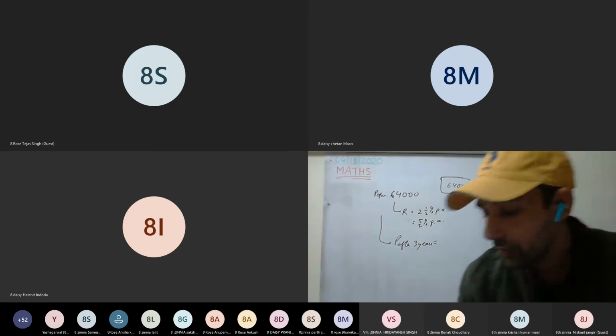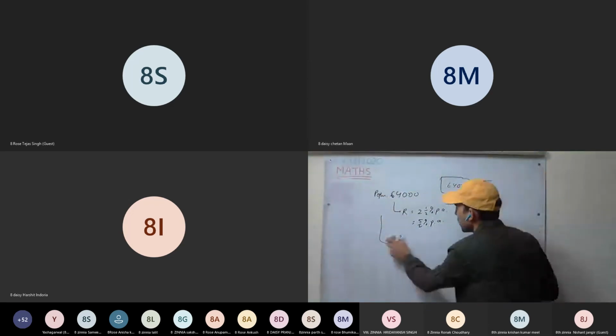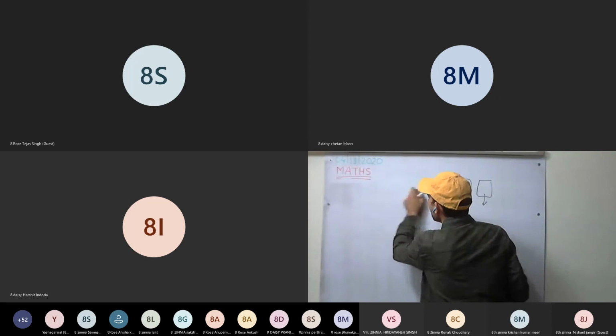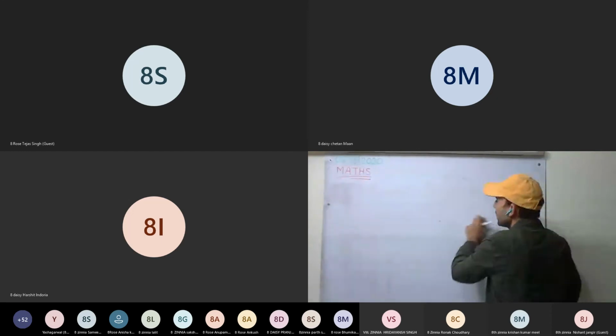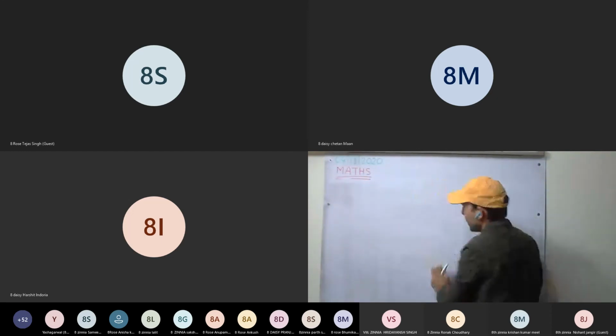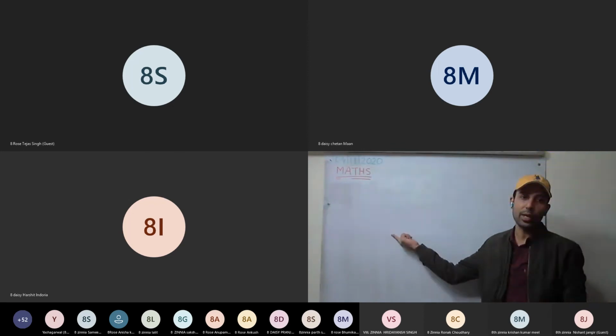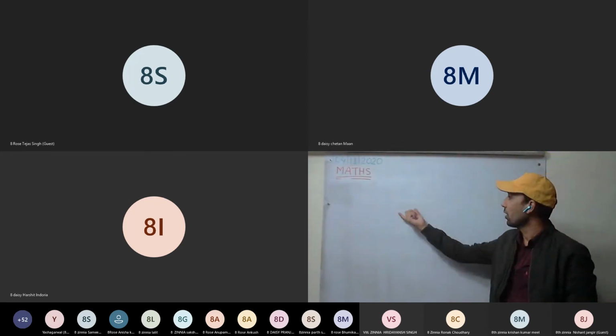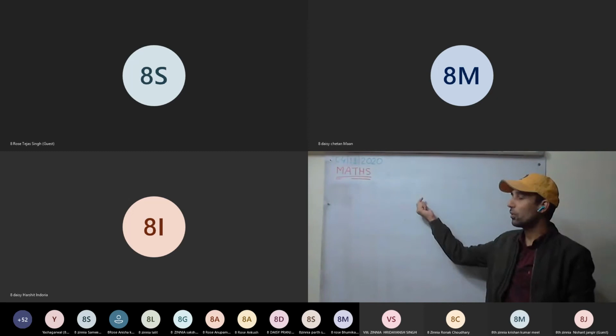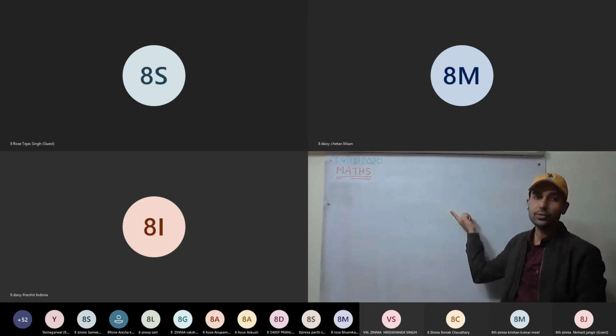Okay. Now we'll start with factorization. We have already discussed how to find the factors of numbers, the constants, in square roots and cube roots. Now we have algebraic expressions which consist of constants as well as variables.